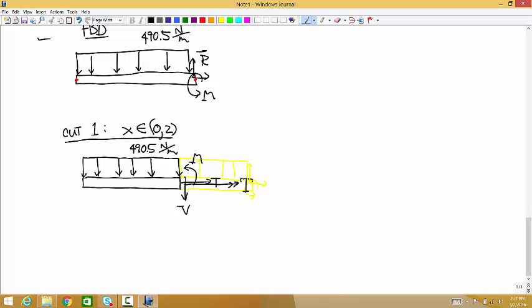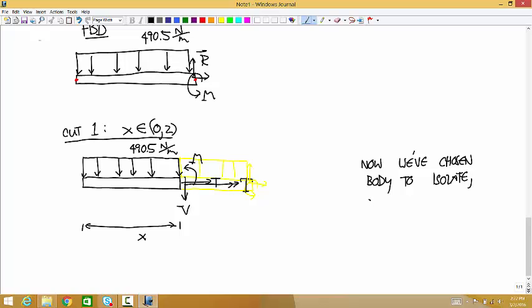There's not going to be any torque in this one, but I'll keep writing that in there. And now we've chosen, and this distance is x. We've chosen the body to isolate. So now we can represent the weight, that distributed load, as a point force.